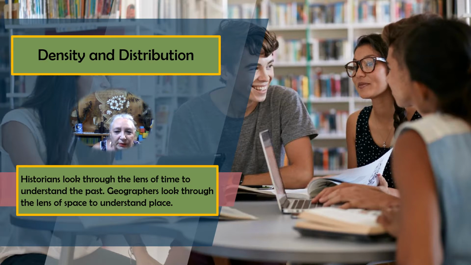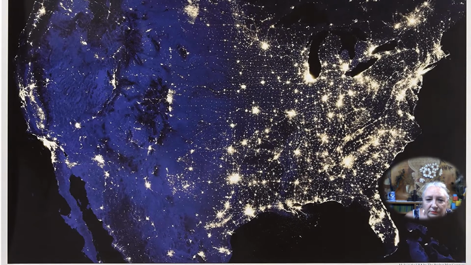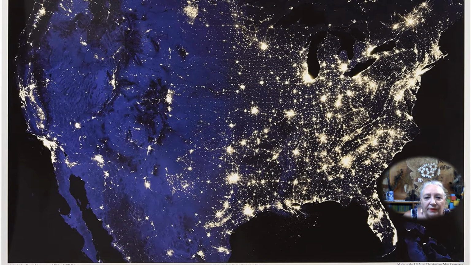But in the next slide, we're going to look at the nighttime map of the U.S. So let's take a quick look. Now this map of the U.S. at nighttime shows a distribution, which can be defined as the actual arrangement or spread of the people within a given area. And if you look at this nighttime map, you're seeing that the U.S. population is not evenly distributed.